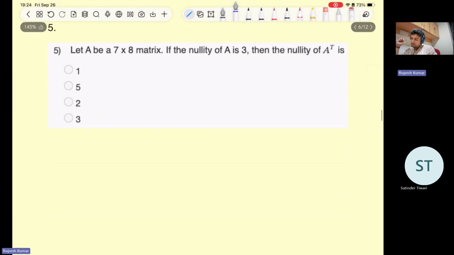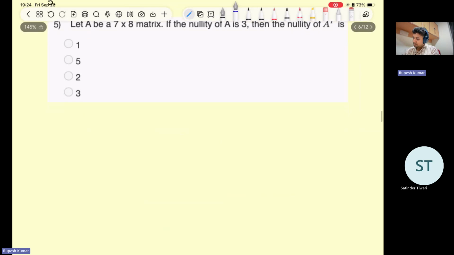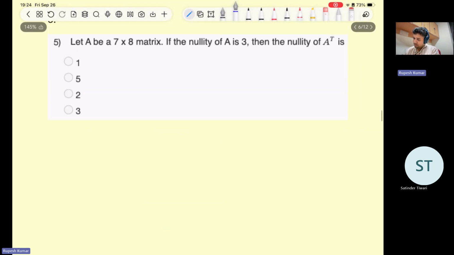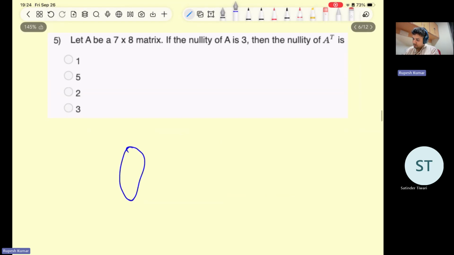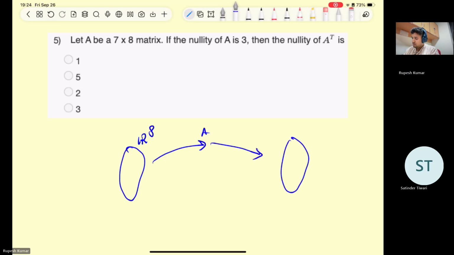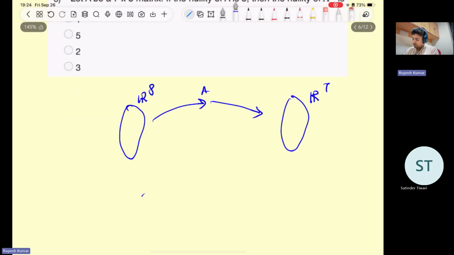Let A be a 7 by 8 matrix. If the nullity is 3, then the nullity of A transpose is? Let's again draw that figure. A has input R8 and maps to R7. Let's figure out the similar thing for A transpose.